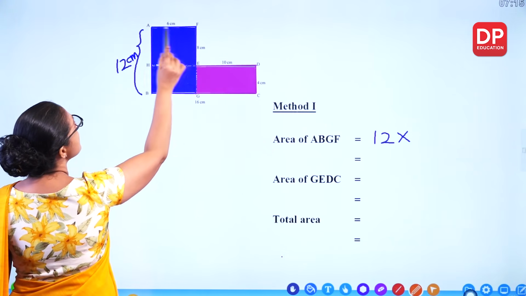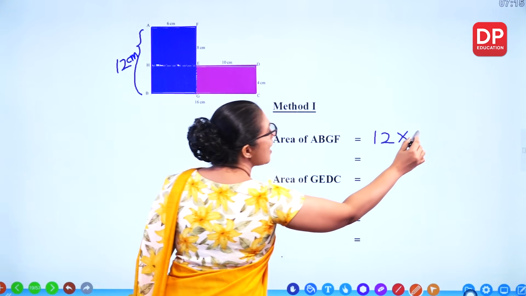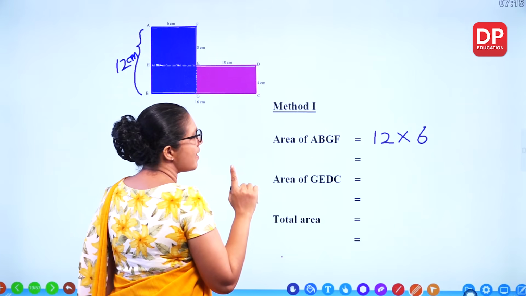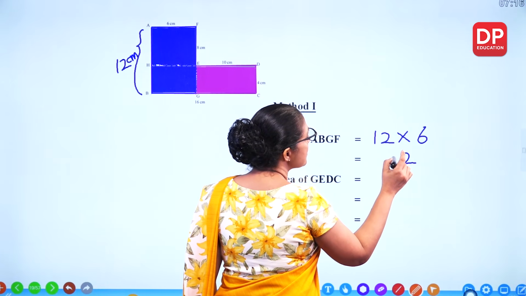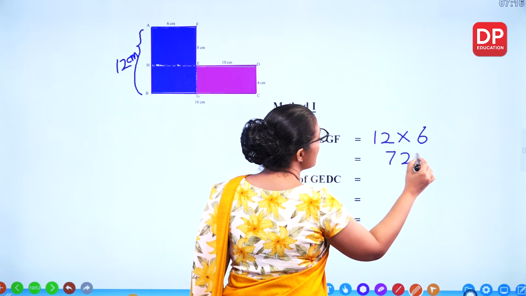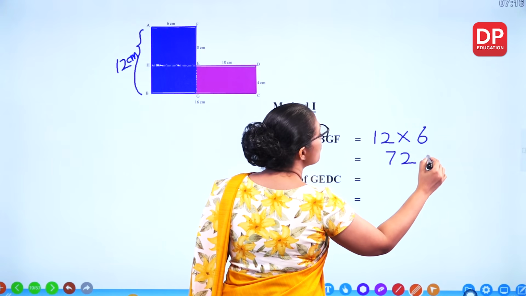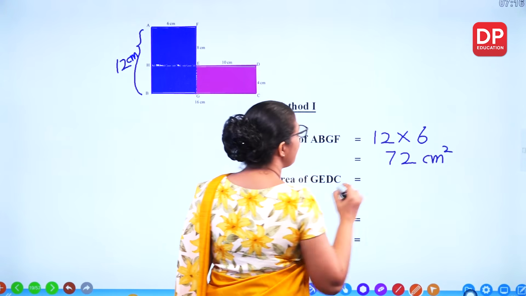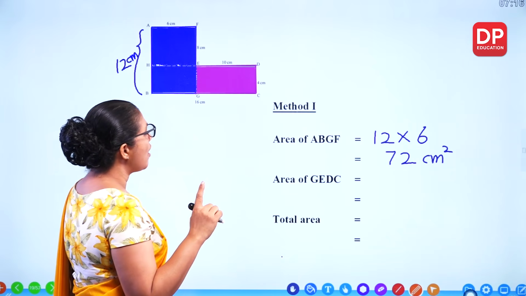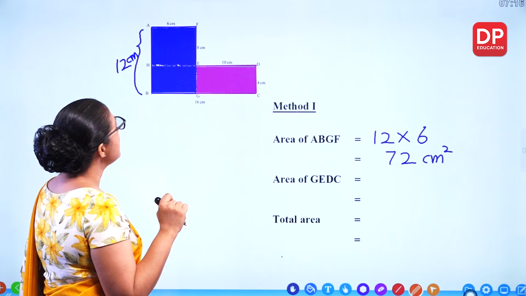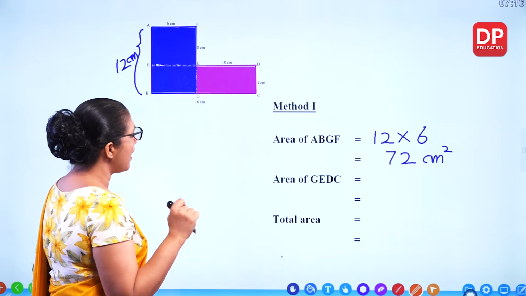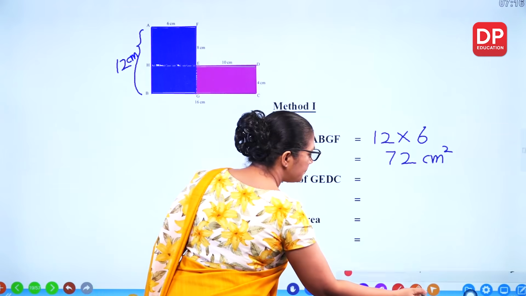This part, 6. So 12 times 6 is the area. What's that? 6 times 2, 12, 1 remaining. 6 times 1, 6 plus 1, 7. 72 square centimeters. Now we'll find the area of this one, GEDC, the pink color one. So what's the area?